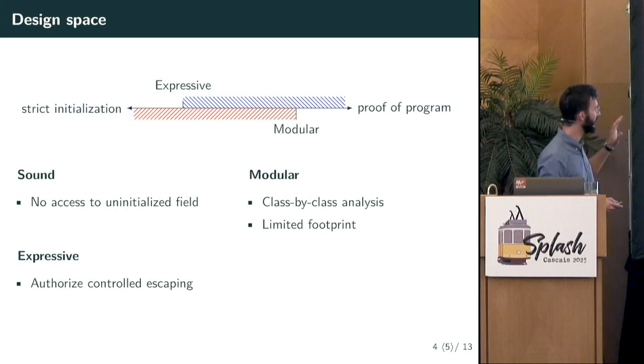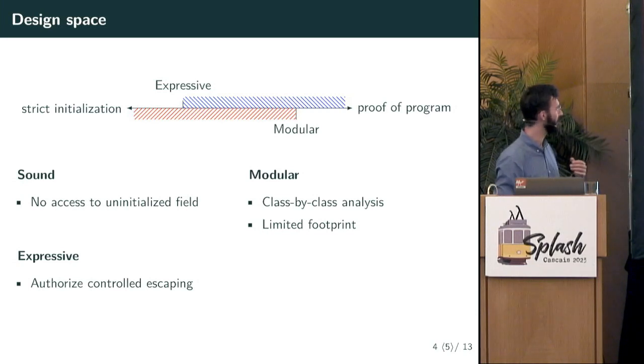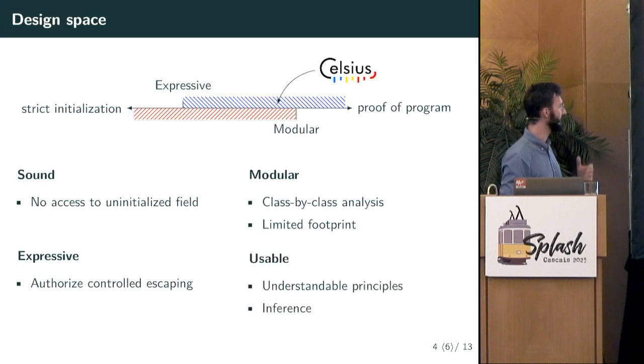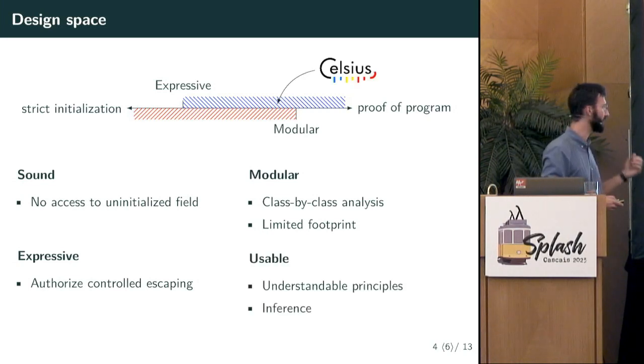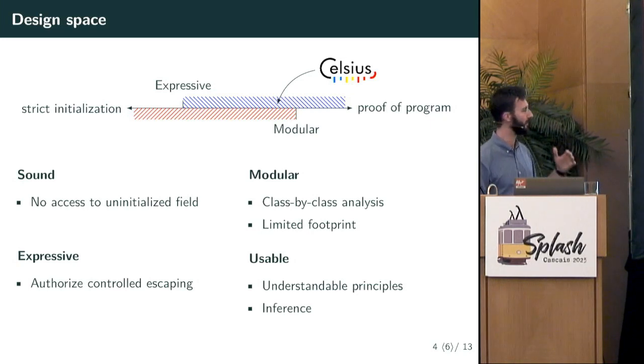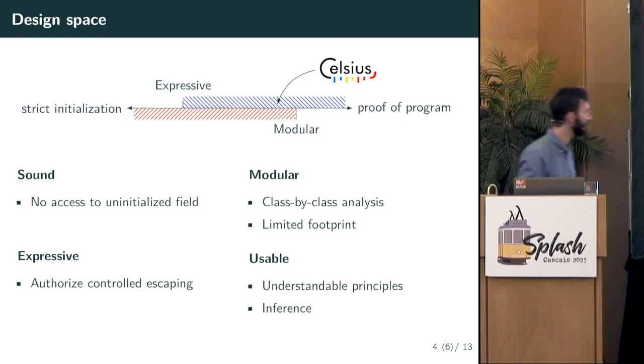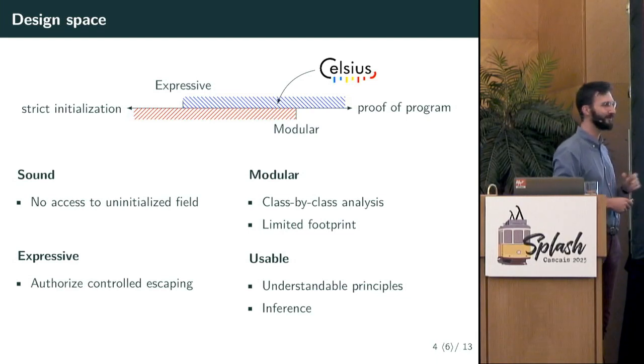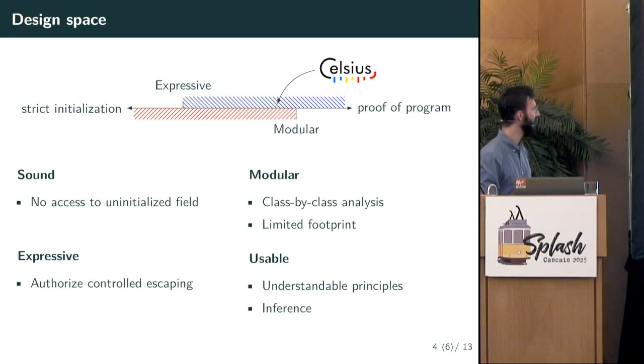And the last thing we want in the design requirements for a system is for it to be usable, which means that it should be understandable by the user and, if possible, inferred in most common use cases. So that's where we believe that Celsius stands, at a sweet spot inside this design space.